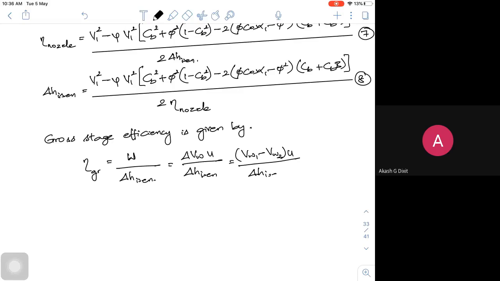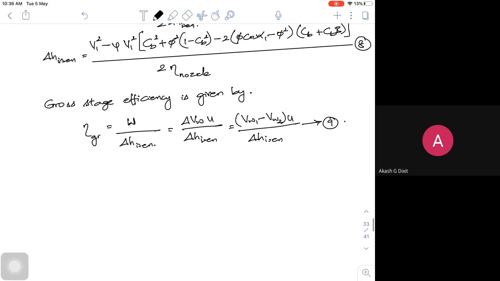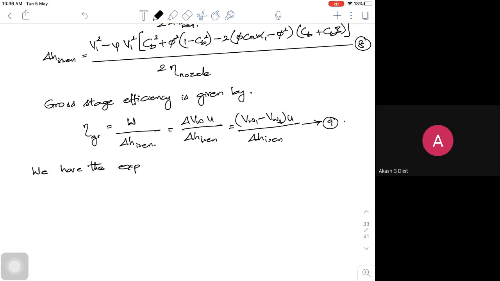I am calling that equation 9. Hope you remember, we have already derived the expression for work done.